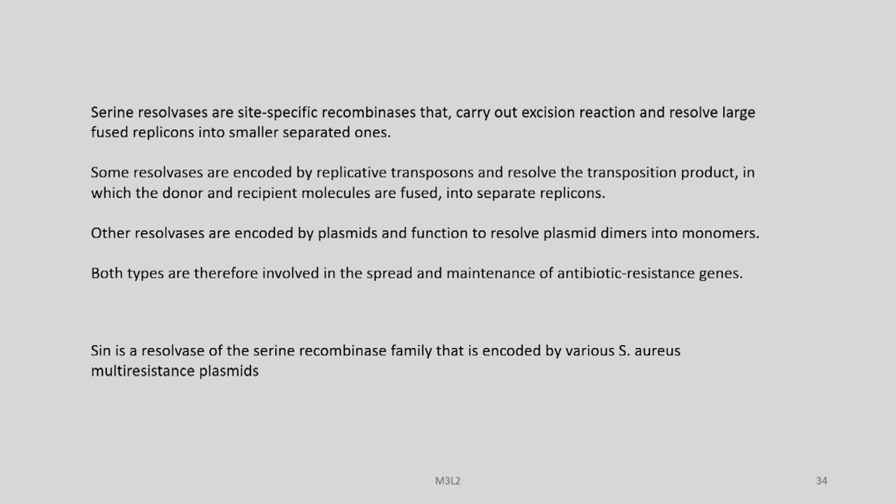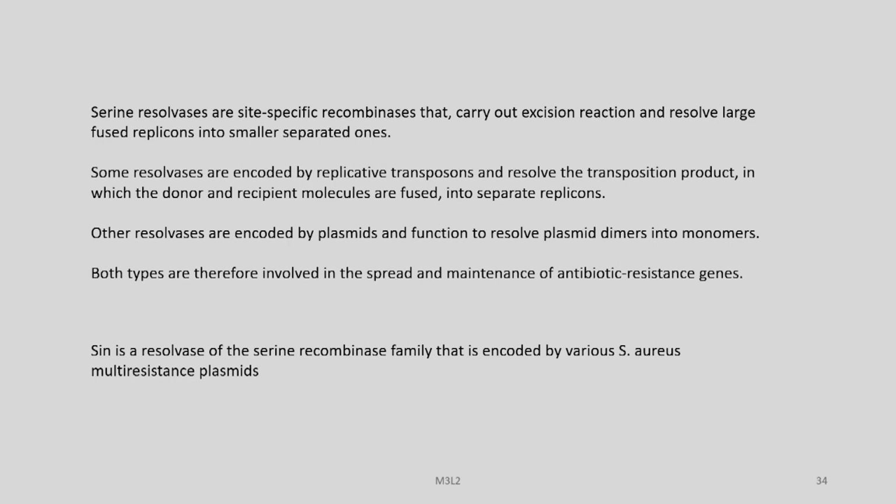Some resolvases are encoded by replicative transposons and resolve the transposition product in which the donor and recipient molecules are fused into separate replicons. Other resolvases are encoded by plasmids and function to resolve plasmid dimers into monomers. Both types are therefore involved in the spread and maintenance of antibiotic resistance genes.